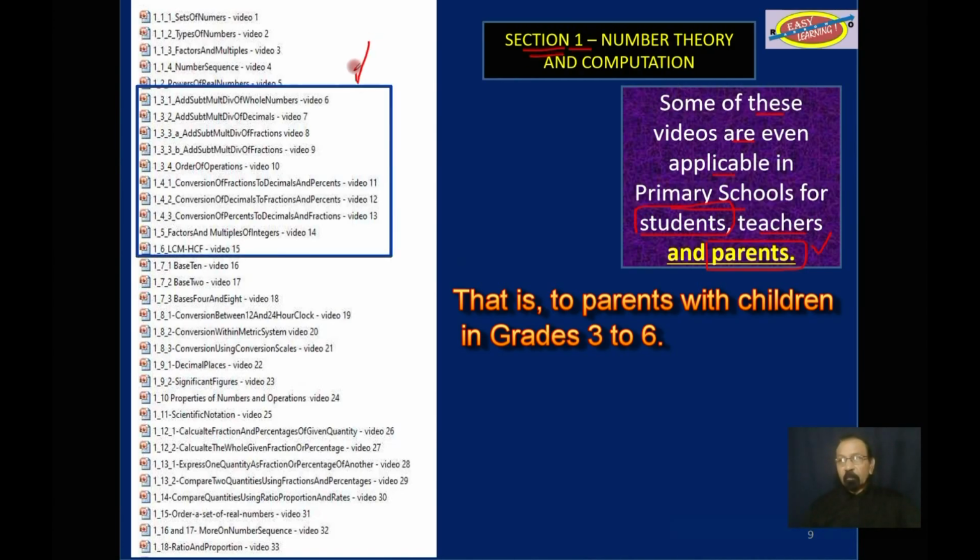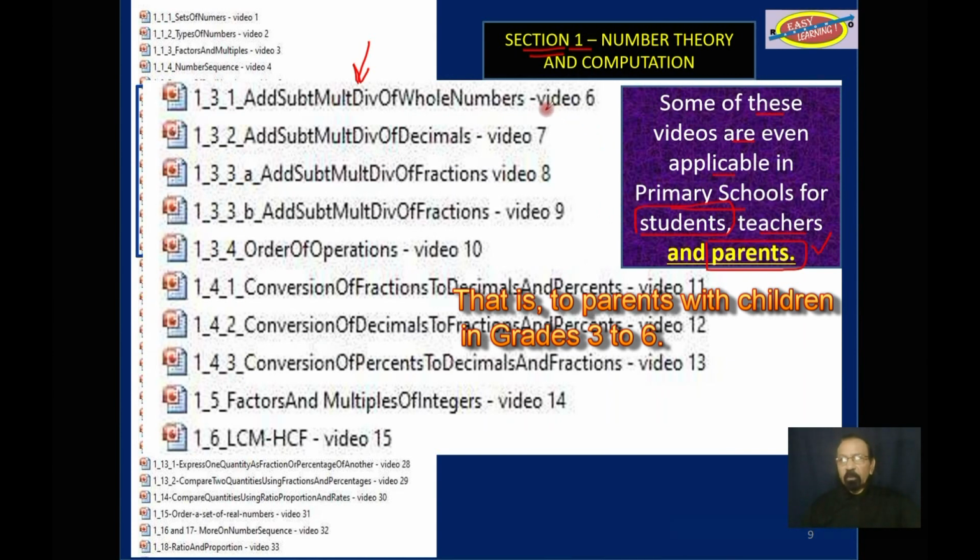For example, if I expand that part of section 1, you will notice video 6 says add, subtract, multiply, and divide whole numbers. That is work normally done in grade 3 of primary school. And video 7 says add, subtract, multiply, and divide decimals. That's work done in grade 4.